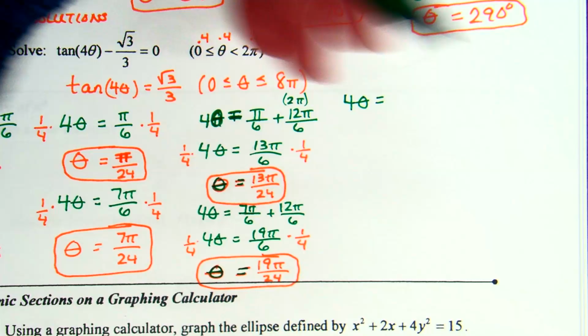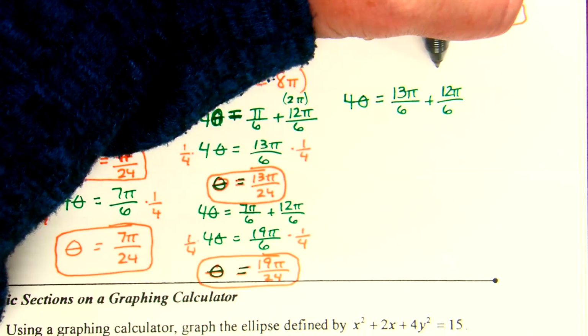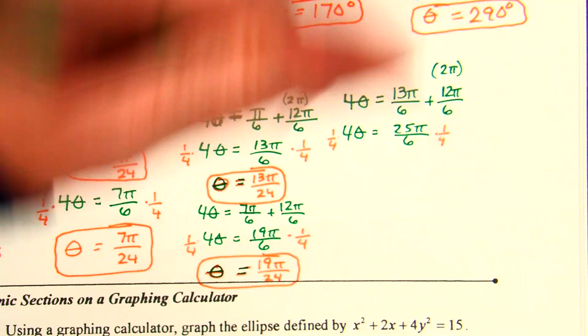So 13 pi over 6 plus 12 pi over 6, which is 2 pi, right? So that's going to be 25 pi over 6. Multiplying the 1/4 over, and theta is 25 pi over 24.